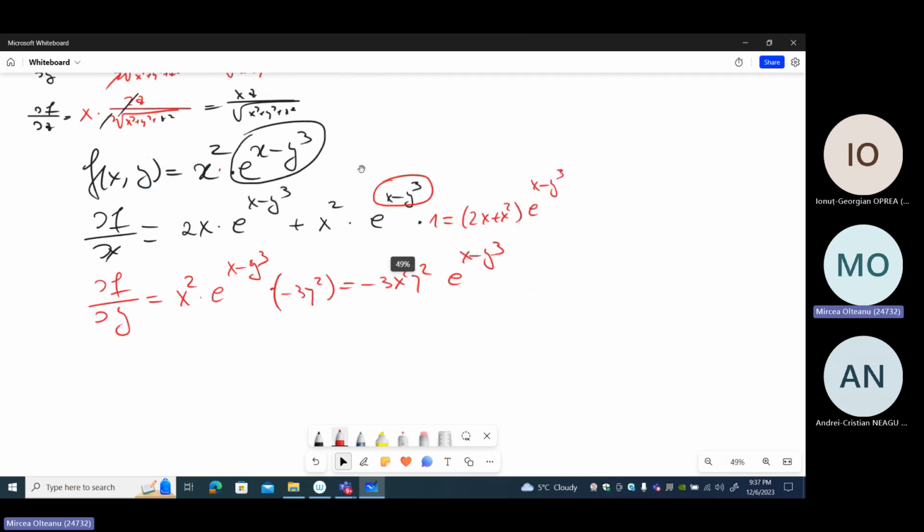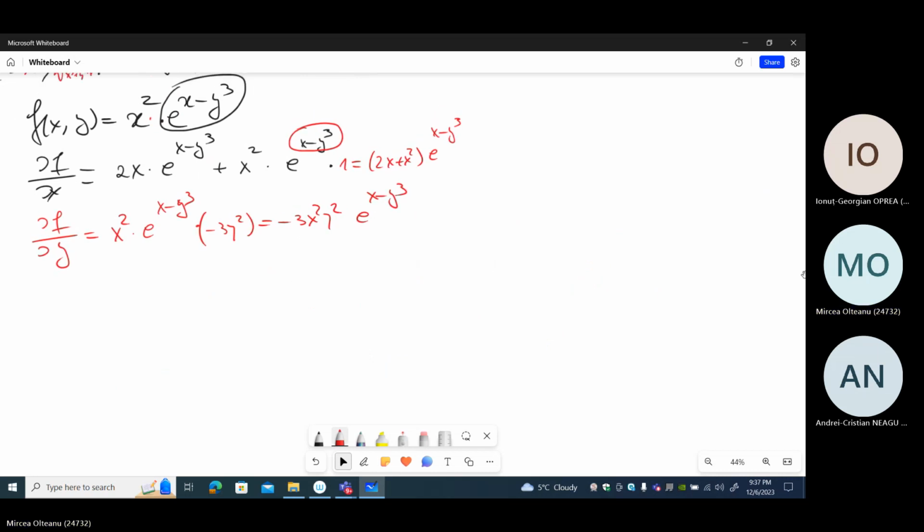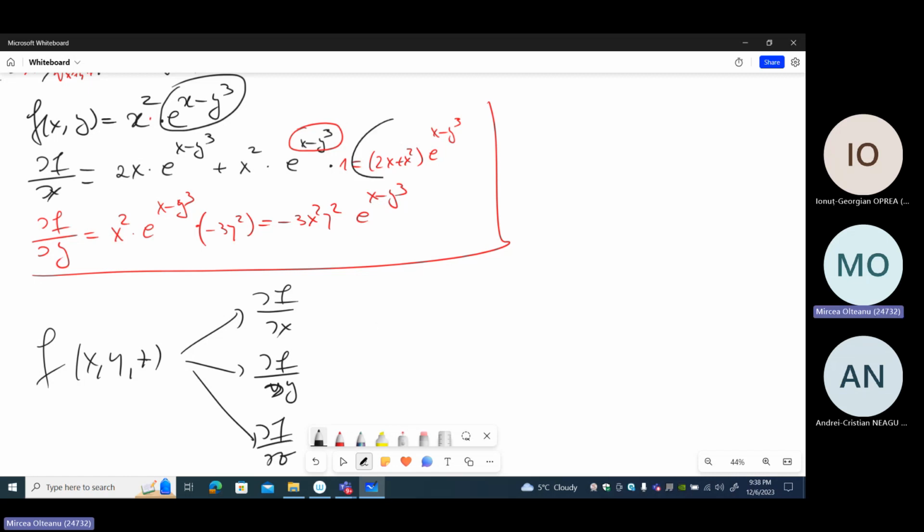Now, we can go further and let's see the following situation. Suppose we have a function of 3 variables, f of x, y, and z. It has 3 partial derivatives, but attention, we look at these partial derivatives as functions, like here.